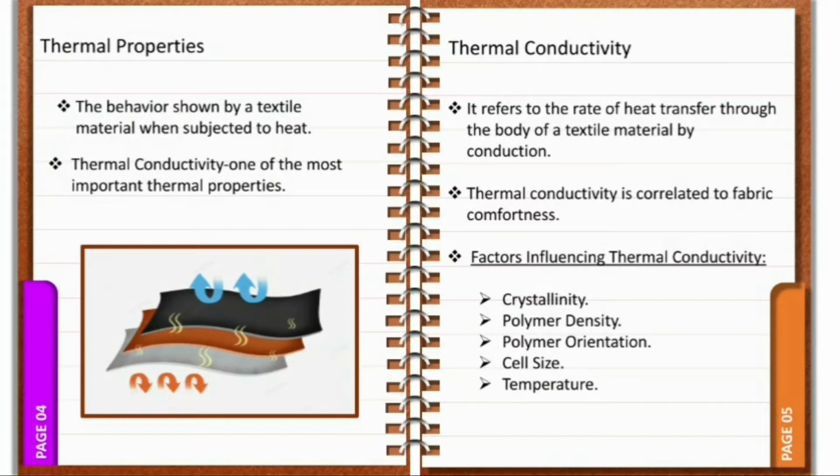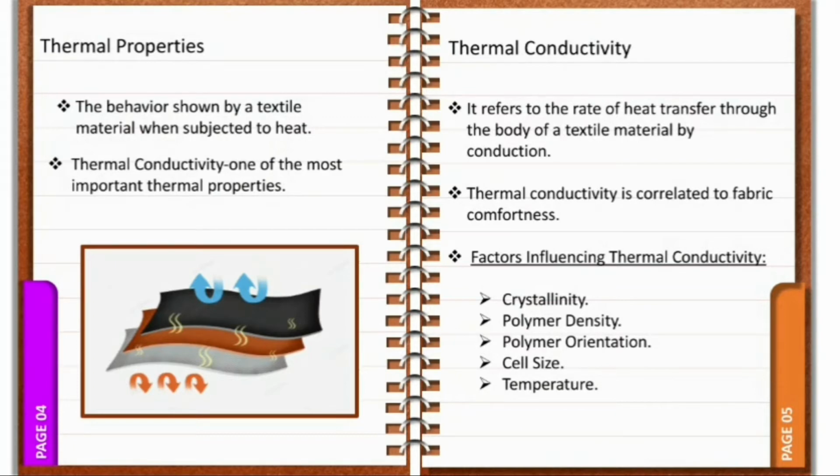That's why it is comfortable to wear in the winter season. So from these two statements, it is very clear that thermal conductivity is correlated to fabric comfortness. Thermal conductivity is affected by different factors.